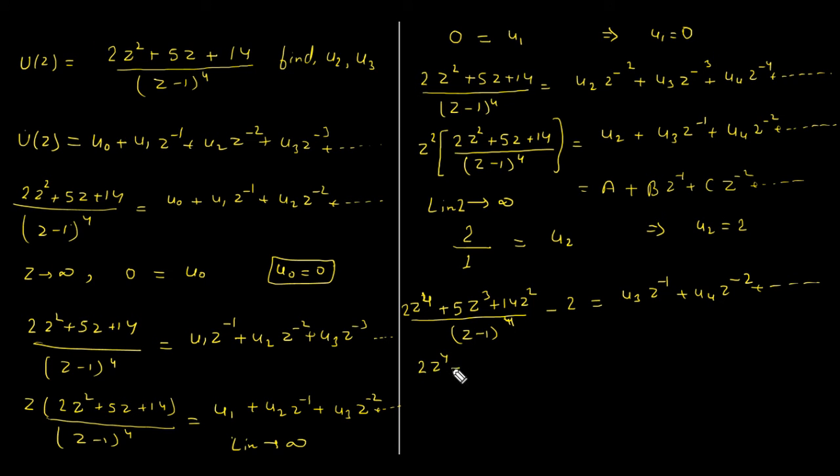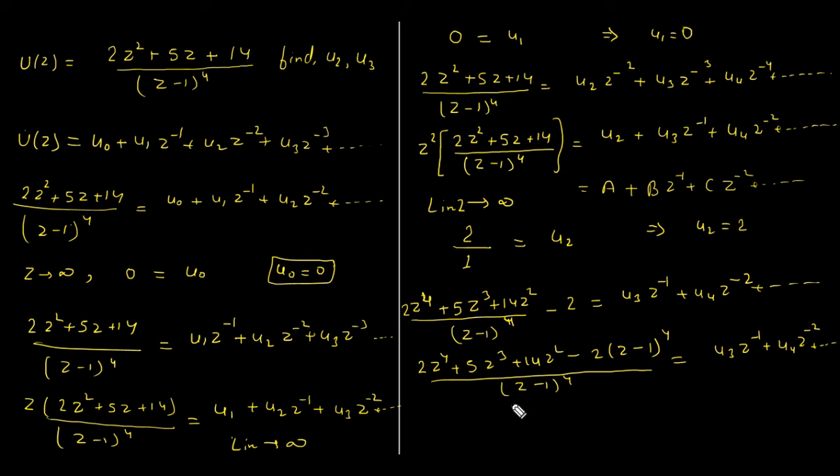So (2z⁴ + 5z³ + 14z² − 2(z − 1)⁴) divided by (z − 1)⁴ is equal to u3 z⁻¹ plus u4 z⁻² and so on. So clearly it is visible that 2z⁴ and 2z⁴ will be cancelled.